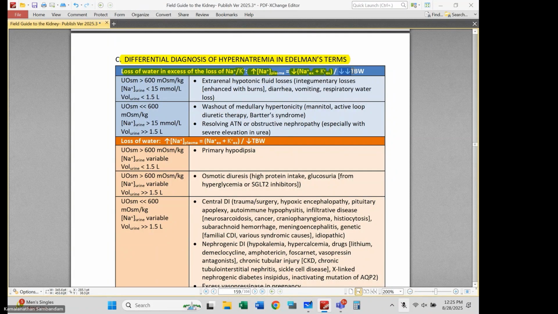Okay? But I get hypernatremic because my denominator has shrunk proportionally more than my numerator. Okay? So let's go through examples of this by urine electrolytes biasing me to capture these diagnoses in my lists.